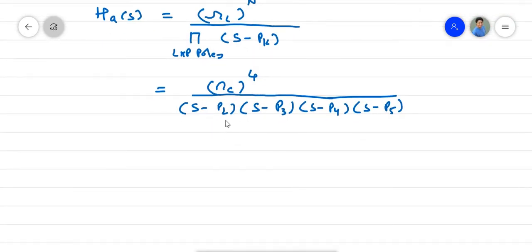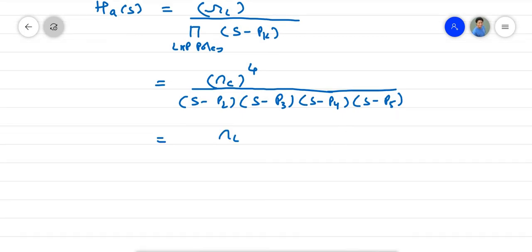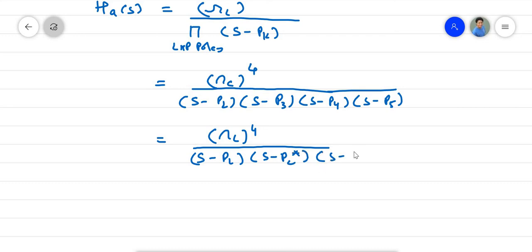Now from the relation between P2 with P5 and P3 with P4, we can further solve this equation as omega c to the power 4 over (S minus P2)(S minus P2 conjugate)(S minus P3)(S minus P3 conjugate).